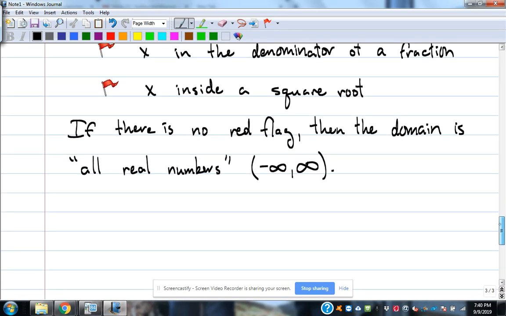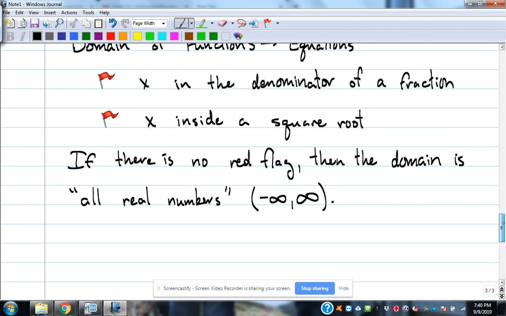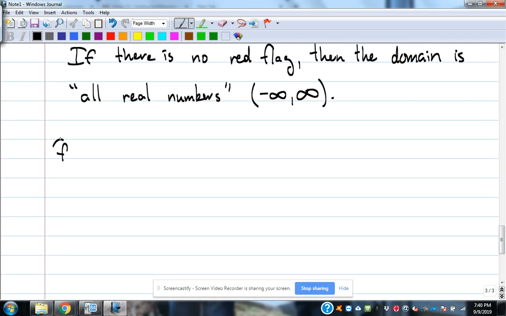So let's start with this example. Example F. Let's say we had f of x is equal to x plus 4. Just a simple linear equation there. It's kind of similar to some of them we saw in labs tonight. So here we have this problem.